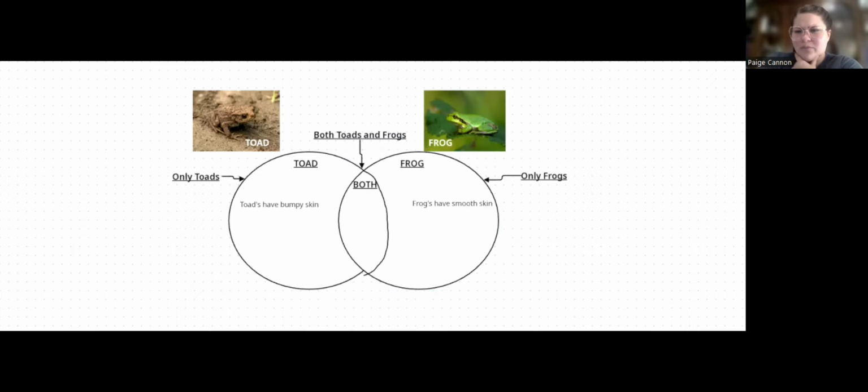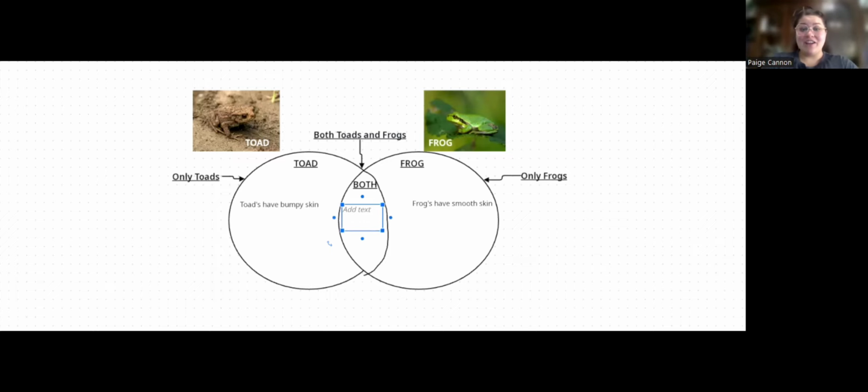Well, what is something we could put in the middle? What's something that both toads and frogs have, or what's something both toads and frogs do? Very, very good. Let's go ahead and put that in. Toads and frogs both jump.